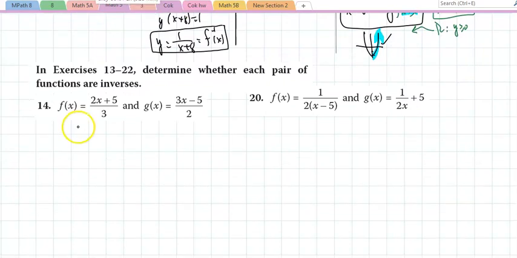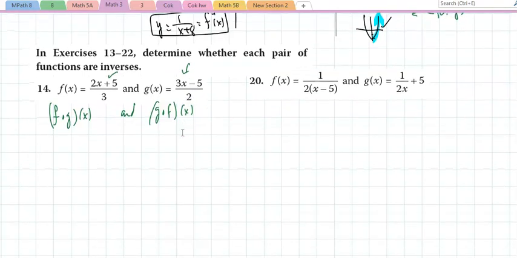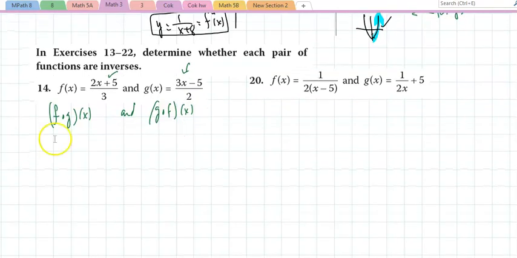Well, let's see if they are inverses. To figure out whether they are inverses, either find the inverse of that, show that it's this, or take f composite g of x and g composite f of x, and you want to show you're getting x in both cases. If one of those doesn't give you an x, you're done.